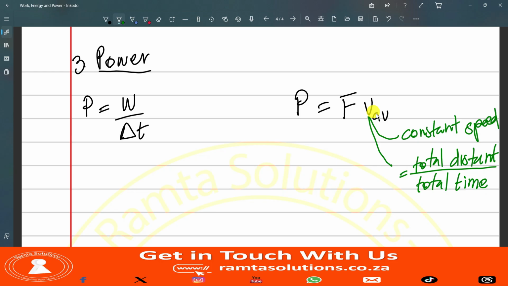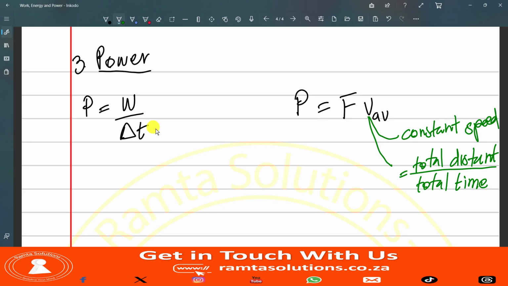This is how you can find your average speed. So this average speed you use as is if you are given your constant speed, or otherwise if you are given the distance and the time it takes to cover the distance, this is you finding your average speed.